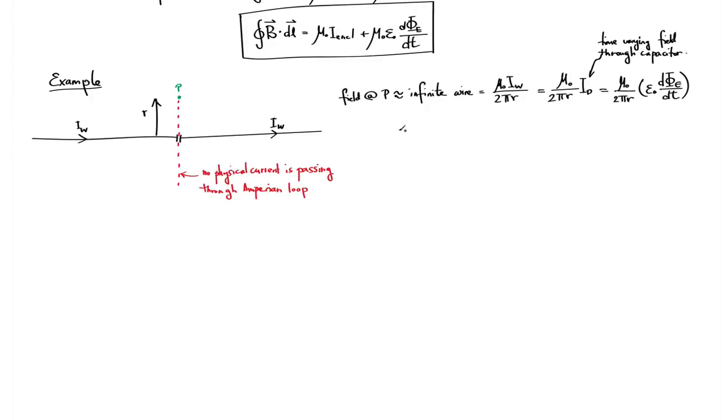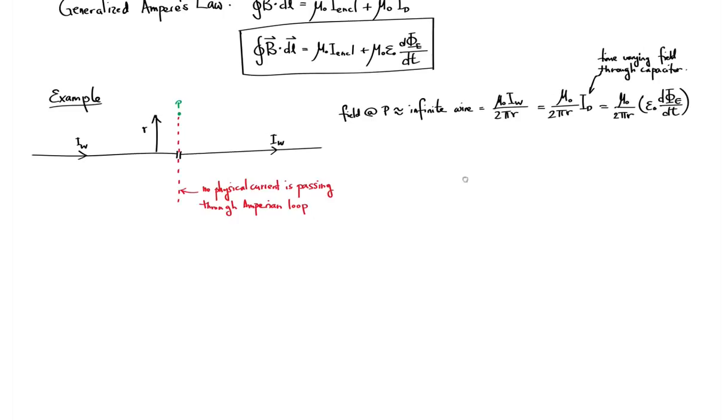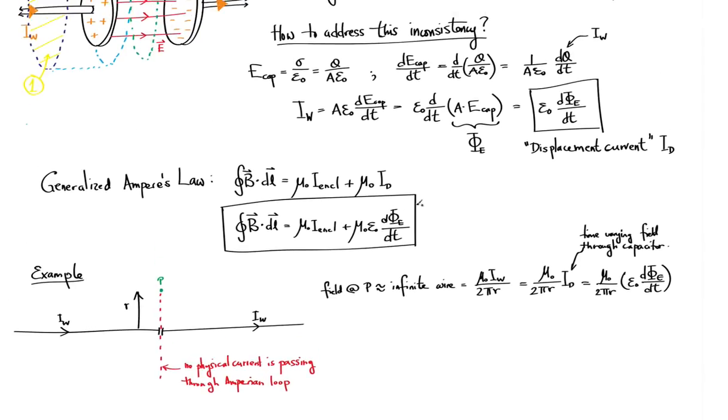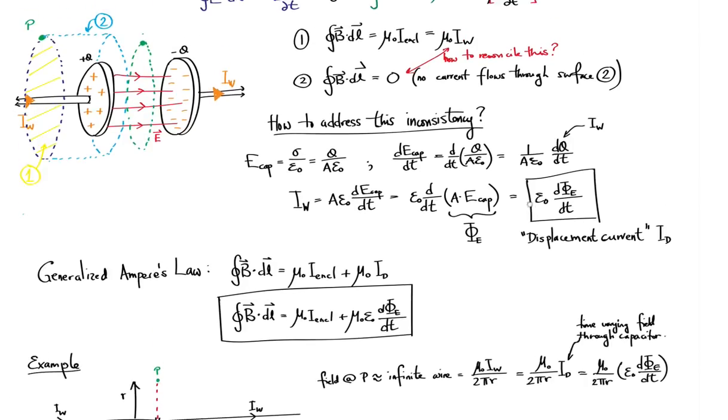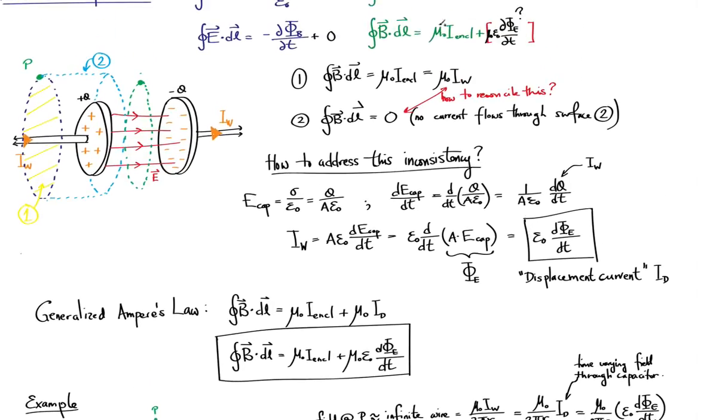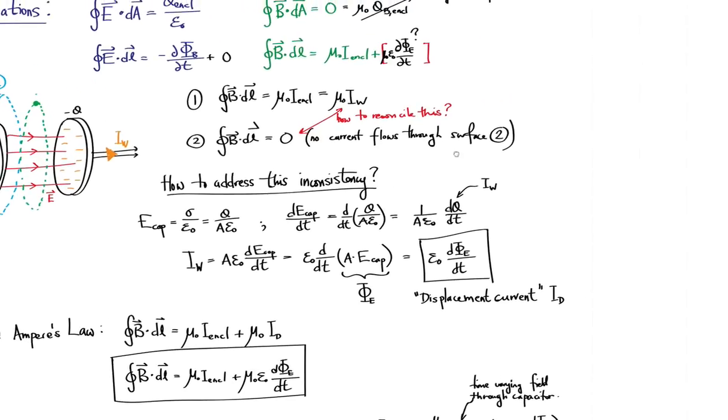What I want to do now is change gears a little bit. As a recap, this is our correction term to Ampere's law. So in addition to a current flowing through an Amperian loop generating a magnetic field, a time-varying electric field can also generate a magnetic field as well.